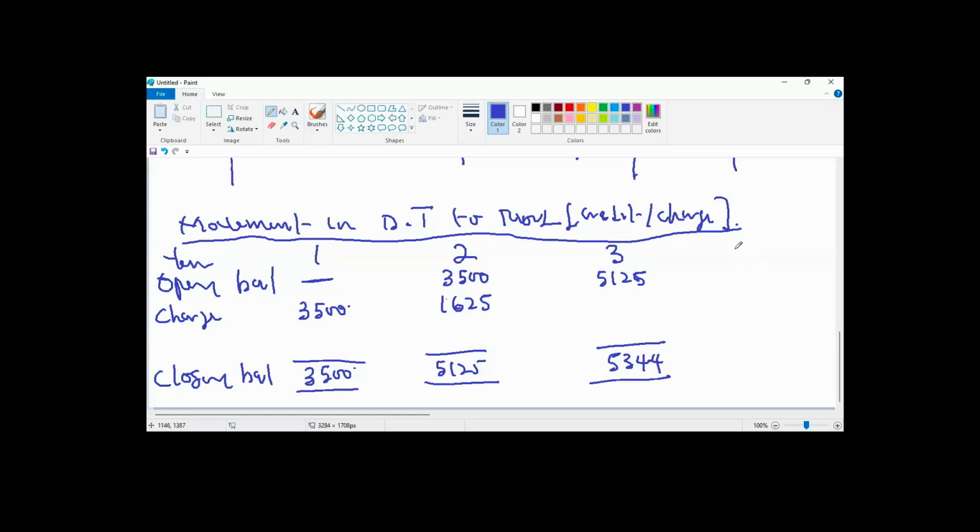Let's assume year 4, look at it, ma. The closing of year 3 will be the opening, 5344. We now have 5,000. It has decreased. This is a credit. I will now come here and say charge credit.